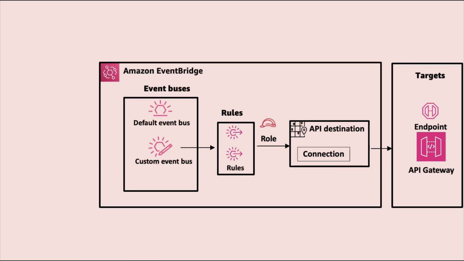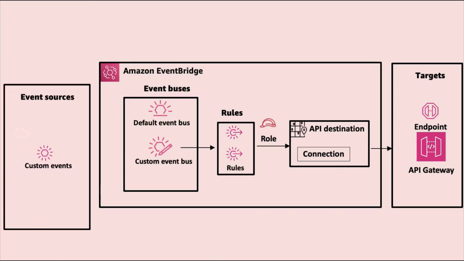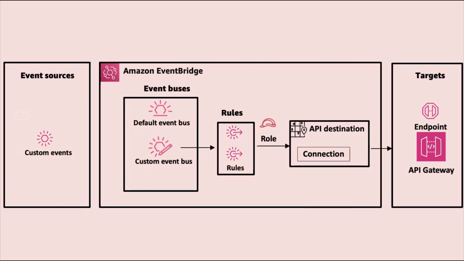It's also important to note that we have to create an IAM role to provide permissions to the events.amazonaws.com service to make calls to the API destinations. This is very important. Once that is done, we will create a custom event and send that event through the AWS CLI to the EventBridge custom bus, which is orders.